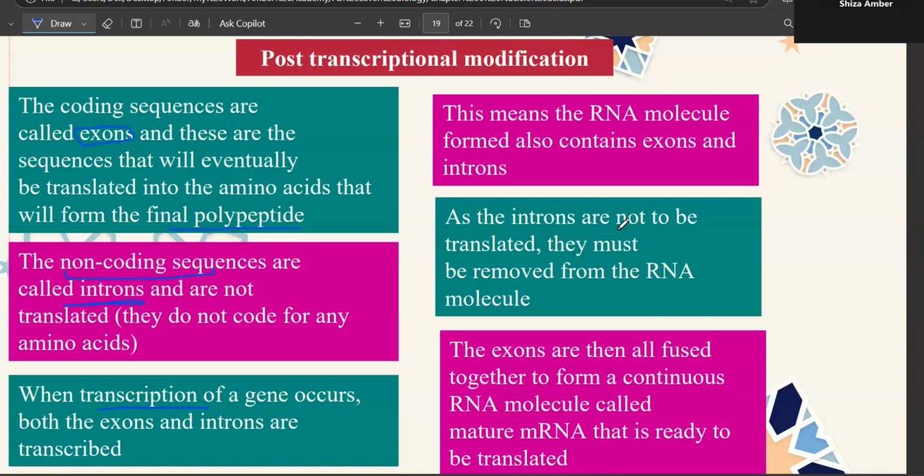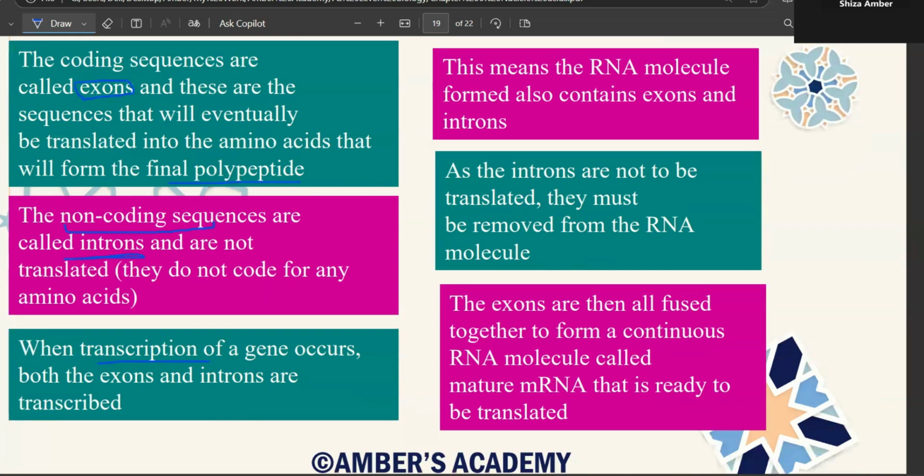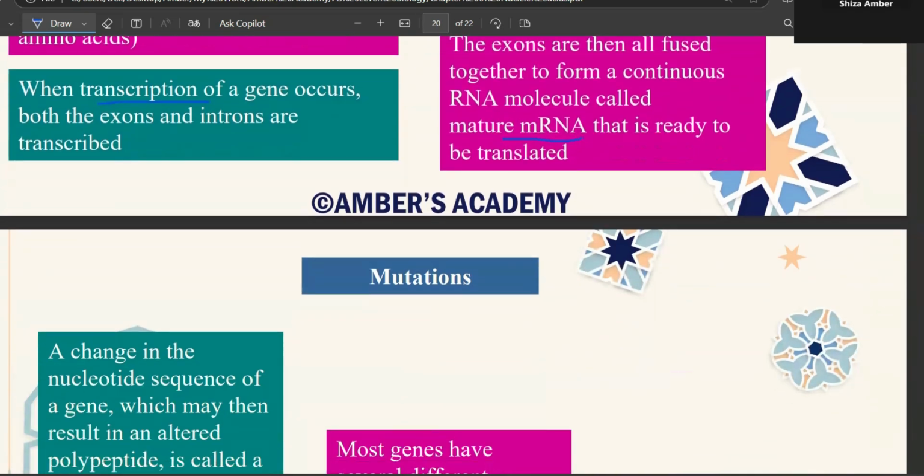And as the introns are not to be translated, they are removed from the RNA molecule. ठीक है, so they're removed from the RNA molecule because they are not the ones that will code for a particular amino acid. So the exons are then all fused together to form a continuous RNA molecule called mature mRNA that is ready to be translated. Ready to be translated means that it's ready to code for amino acids.